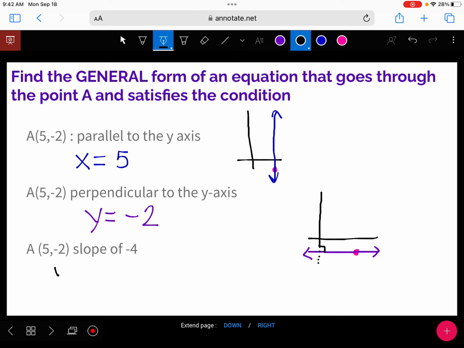So we're going to take our y minus the y value of my point, which is -2, equals our slope of -4 times x minus 5. But to get it in general form, it means we need to have no parentheses, my x and y on the same side.